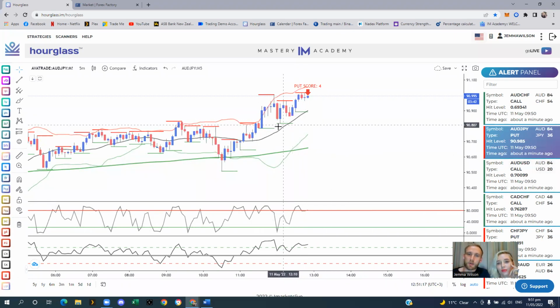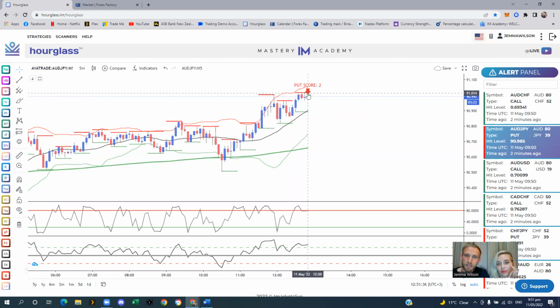For example, if I'm going for a call, then I want this to be below the green line, or at least near it, because that essentially means we will be in a pullback. If you follow these rules, see how it's overbought right now? It's moving up. If it did a little pullback, you'll notice the stochastic and the RSI will start coming down, and that just confirms that you are definitely in a pullback.